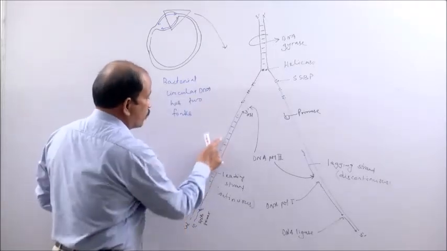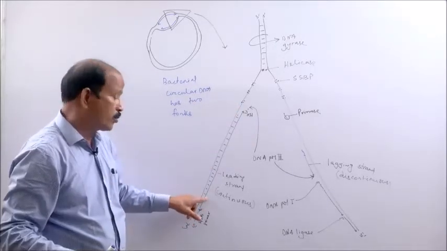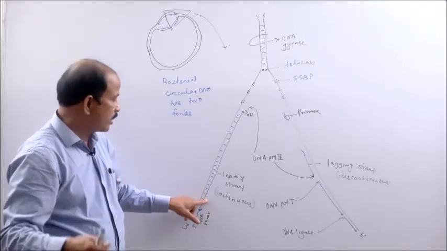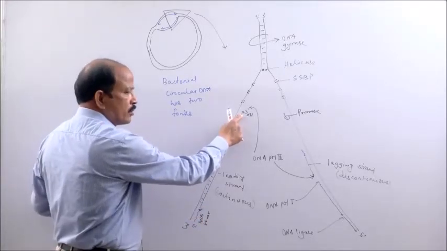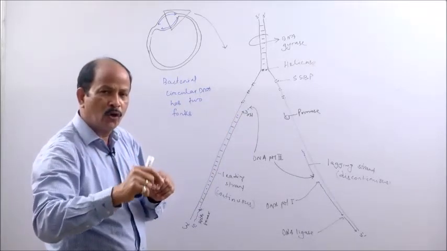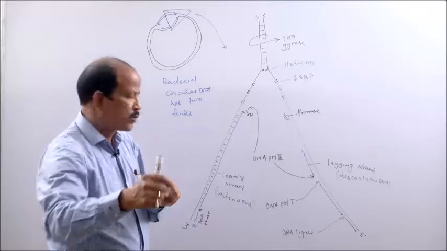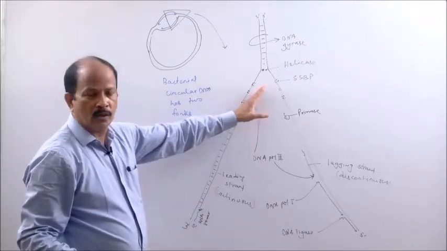This is the direction of the template strand, but the nascent strand synthesized on this goes in 5' to 3' direction, and any DNA polymerase has the property to elongate or polymerize in 5' to 3' direction. So this goes on continuously.